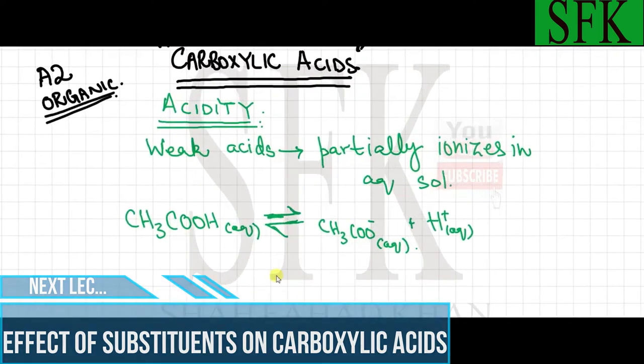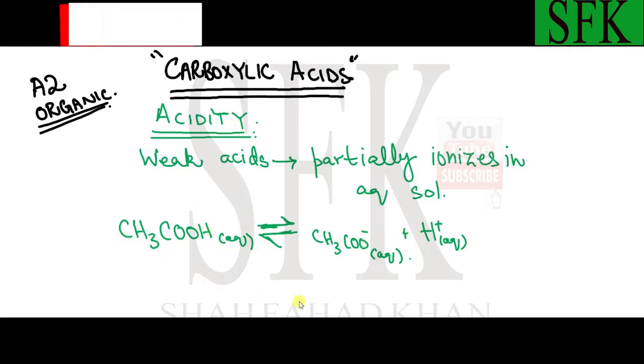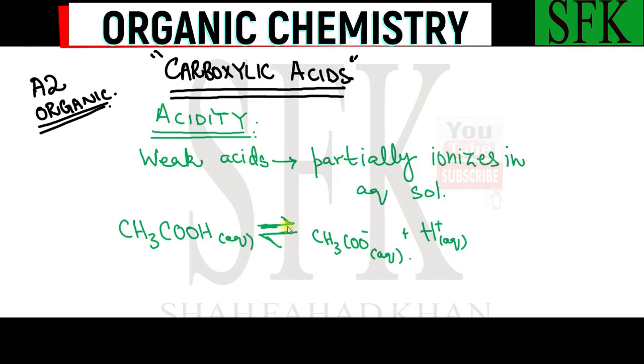Okay, so this is basically a carboxylic acid, the two carbon acid of the carboxylic acid family, ethanoic acid. This is a weak acid, so its dissociation is shown by a reversible arrow, and it partially ionizes in aqueous solution. Not all of the acid molecules would have ionized to produce these two products, but rather partial ionization takes place in this compound.